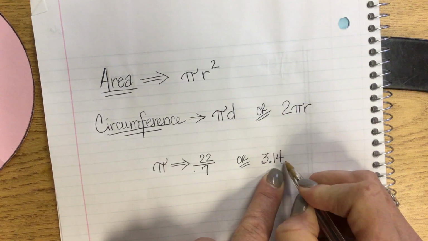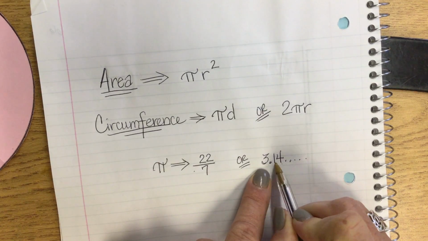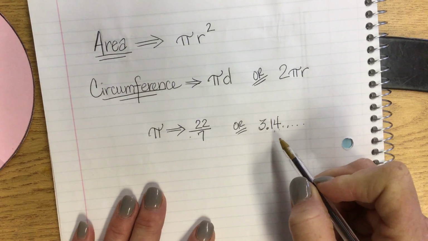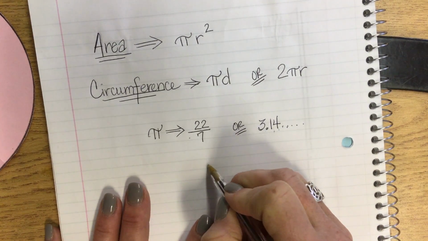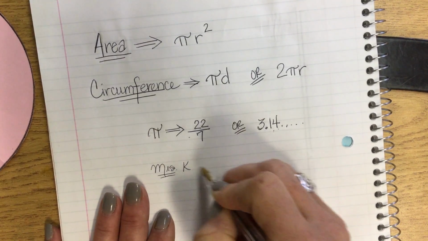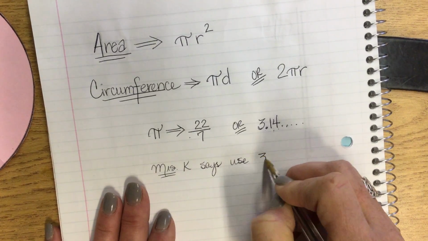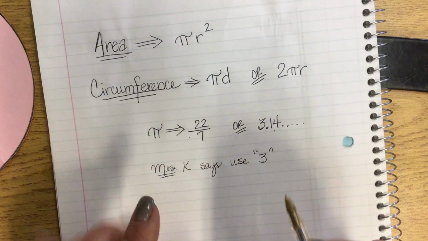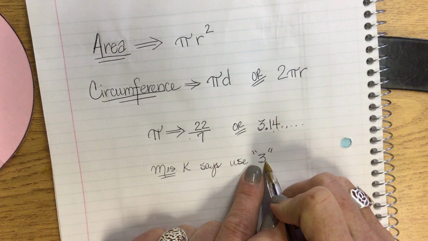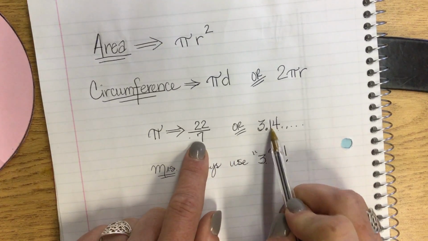This number actually goes on and on and on, but we use 3 and 14 hundredths. Now, you guys are going to do the little happy dance when I say, but Miss K says use 3. We're going to discover why, because it's a lot easier with the math, and I'll show you how to justify your answer. But I do want you to see that.